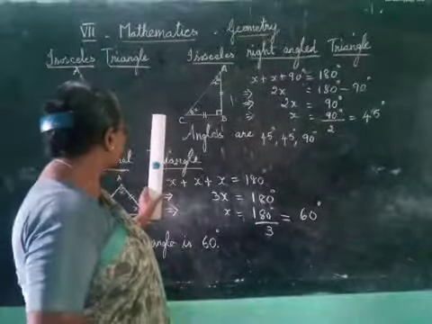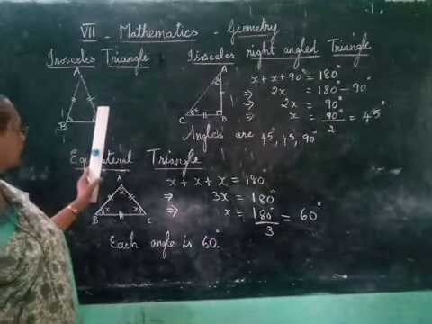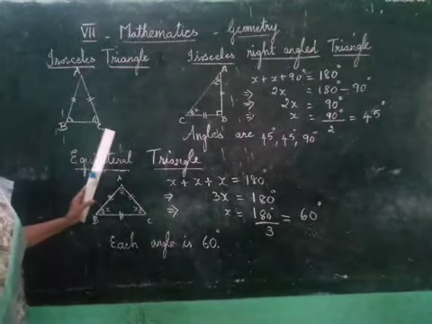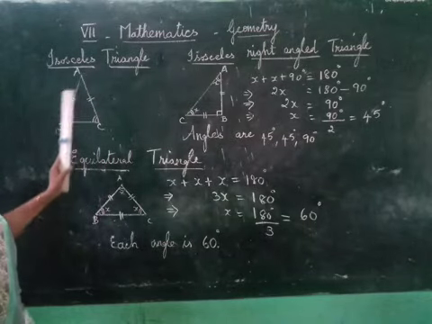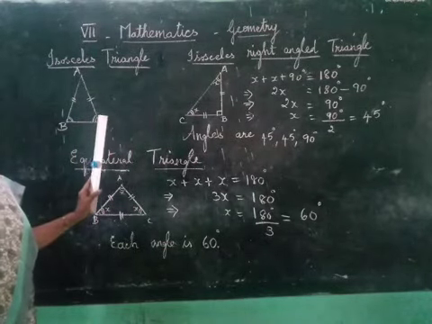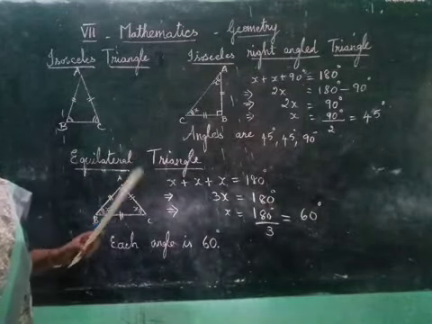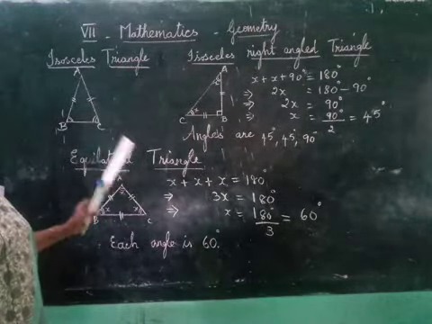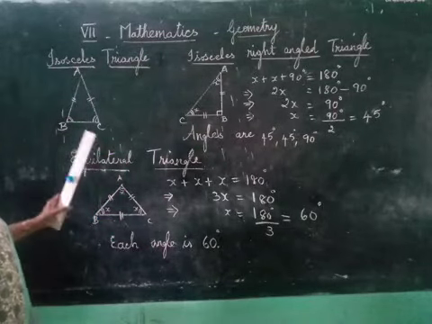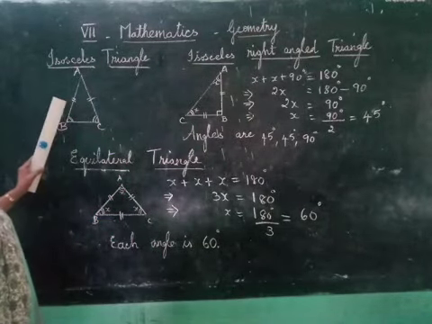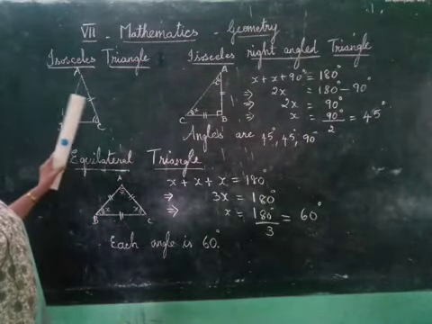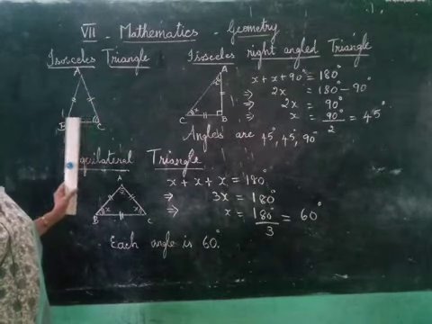So here if we take an isosceles triangle ABC and suppose AB and AC, these two sides, are equal, then according to this property of the isosceles triangle, the angles opposite to the equal sides will be equal.